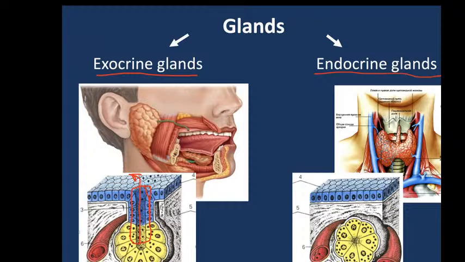But another situation is for endocrine glands. There is no duct, and secret comes into the blood vessels. It comes here.